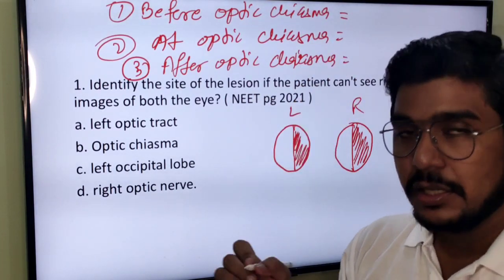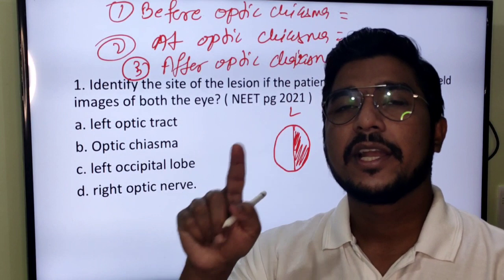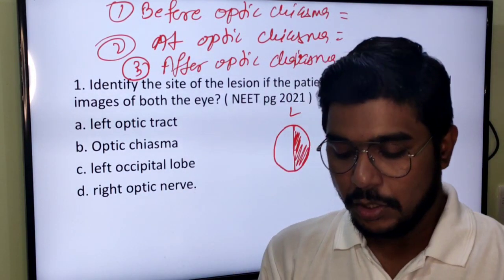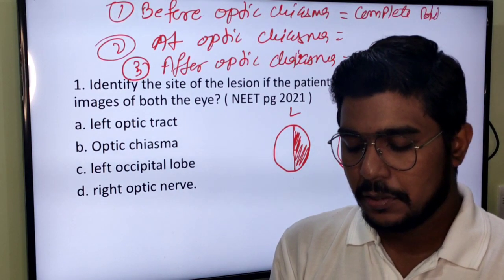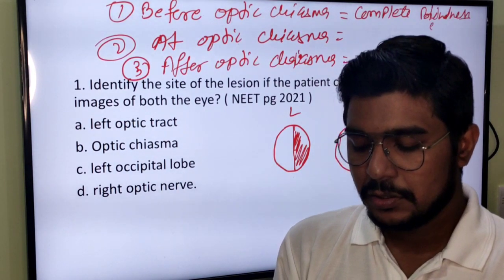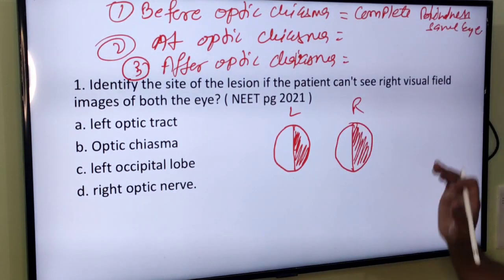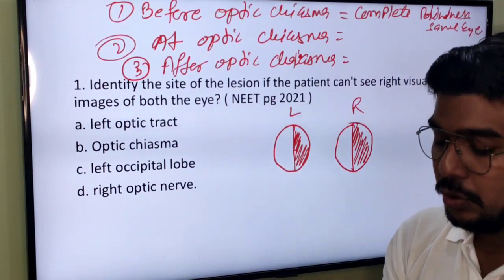Before the optic chiasma, there is complete blindness of the same eye, the ipsilateral eye. Ipsilateral is the more common technical term, but for you I am telling you: complete blindness of the same eye.